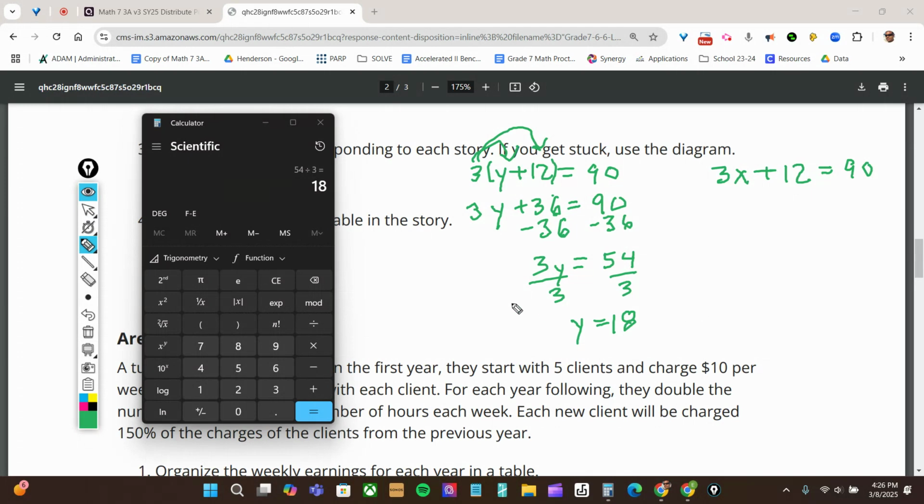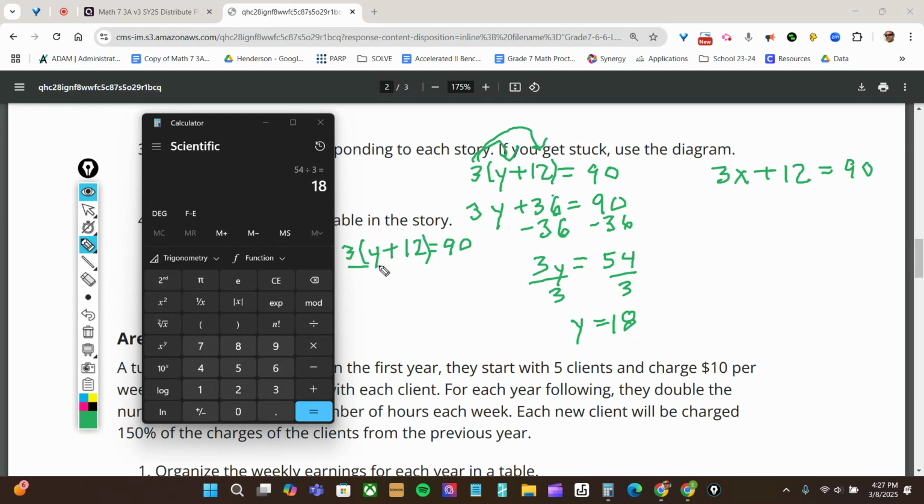But you know, there's another way you could do that. You could do 3 times the quantity y plus 12 equals 90.